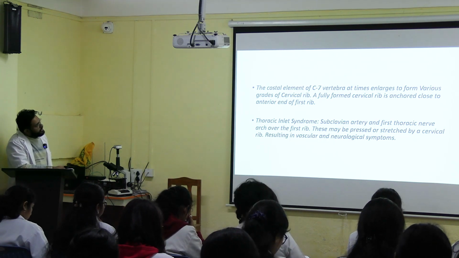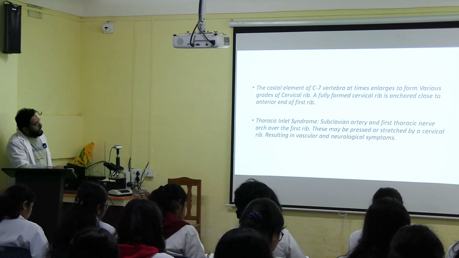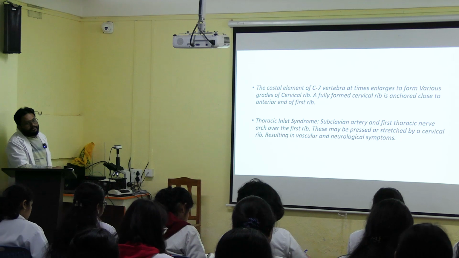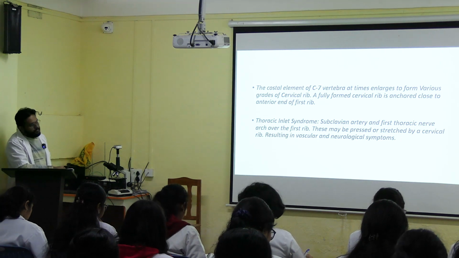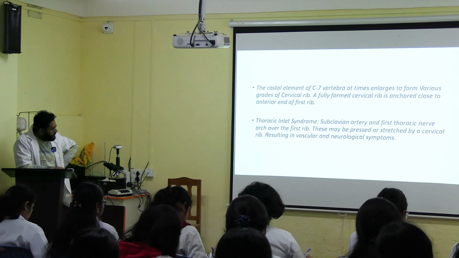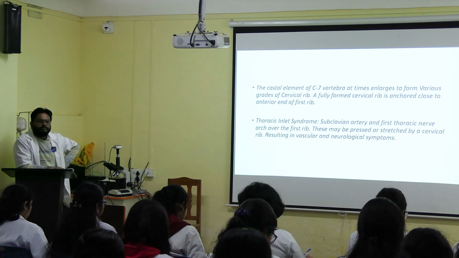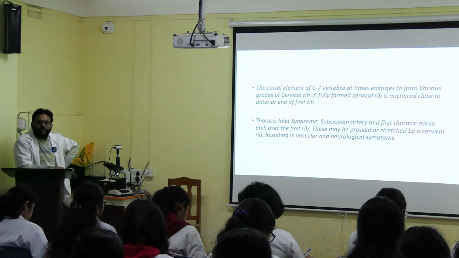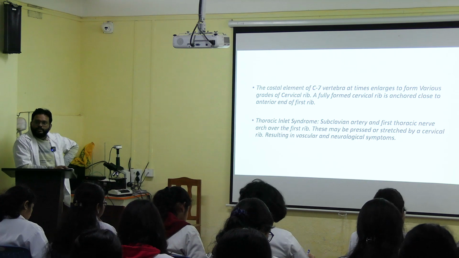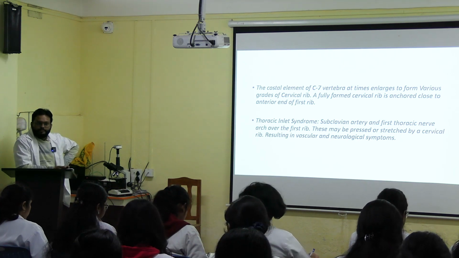Then what happens? The subclavian artery and first thoracic nerve arch over the first rib. We have studied this before. So this may be pressed or stretched by a cervical rib, resulting in vascular and neurological symptoms. Pain, numbness. Pain can be there, numbness can be there, depending on the severity.